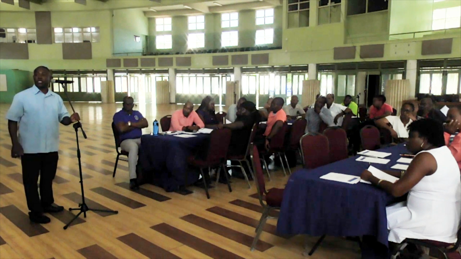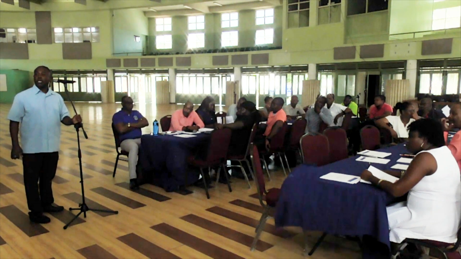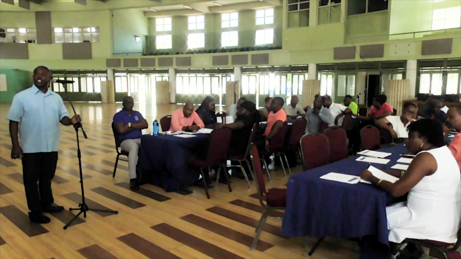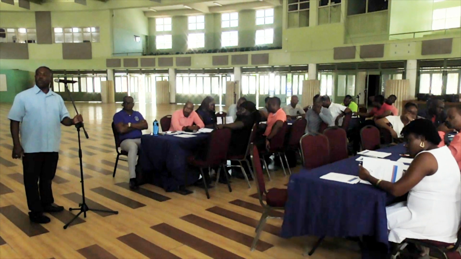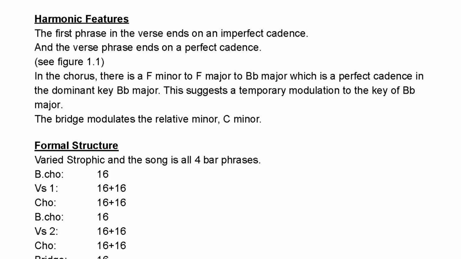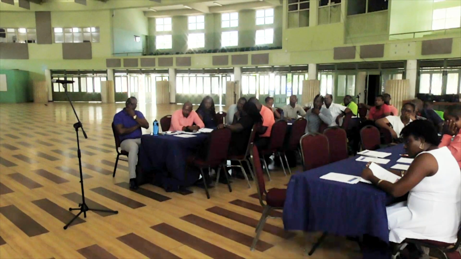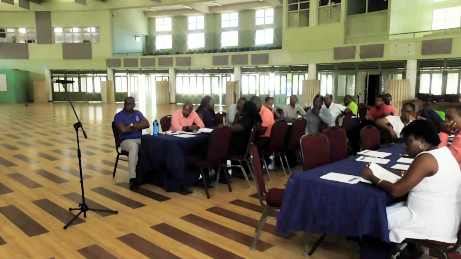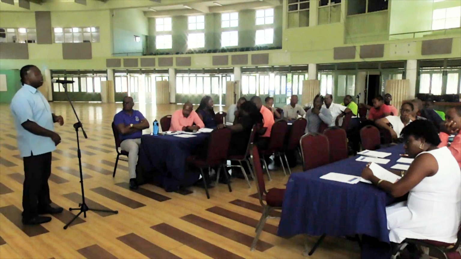There's a perfect cadence at the end of the verse. So he touches on them, let's see if he has anything about the chords. Figure E, I guess, is the verse. In perfect cadence, okay. So he touches on them.